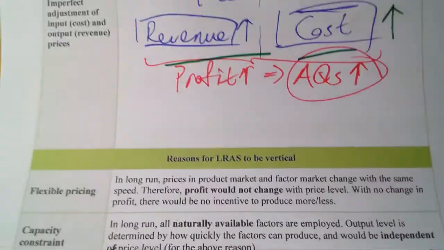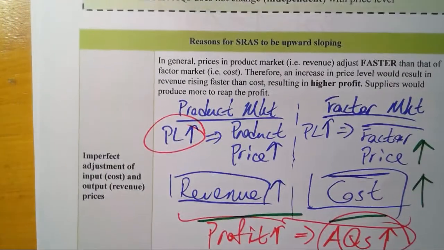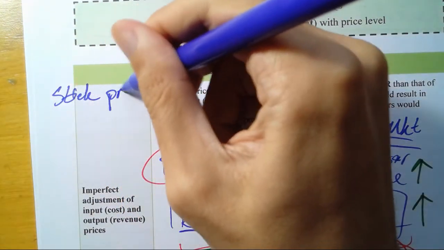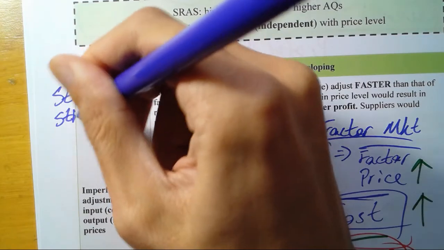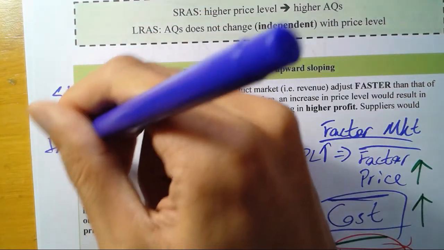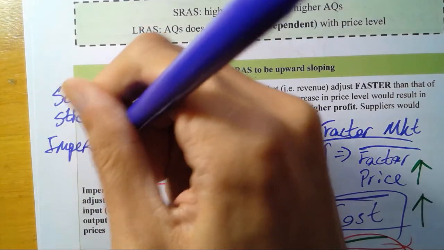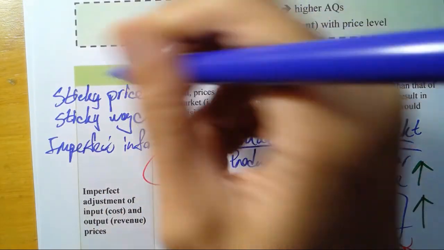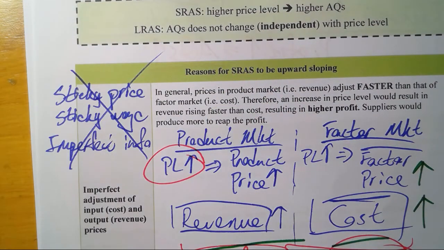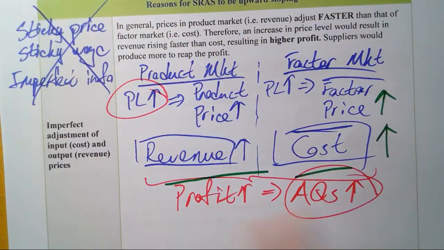Now, in older textbook, you may see they say something like sticky price, sticky wage, and then imperfect info. Now forget about all these names, okay? Now, according to HKEAA, these names are no longer required. You just need to know this story. It would be good enough.